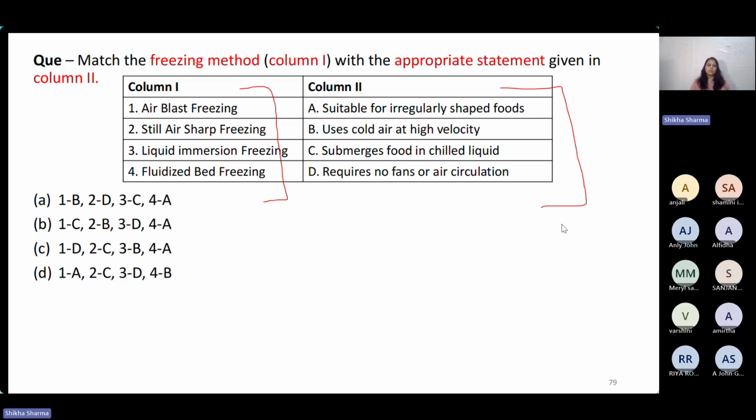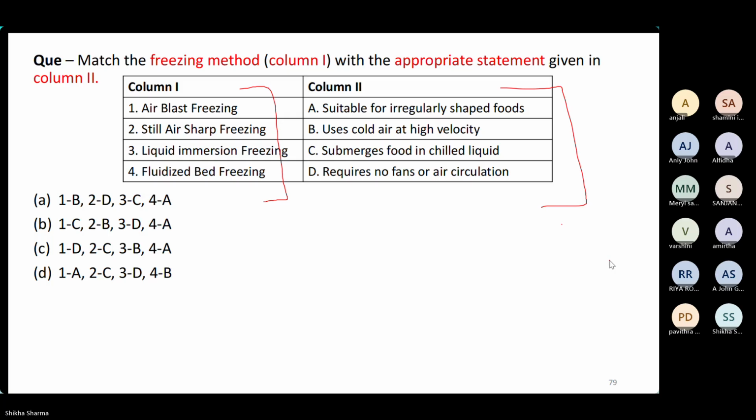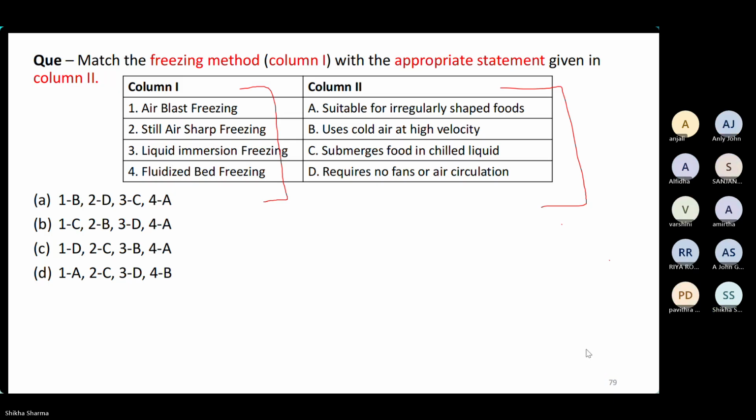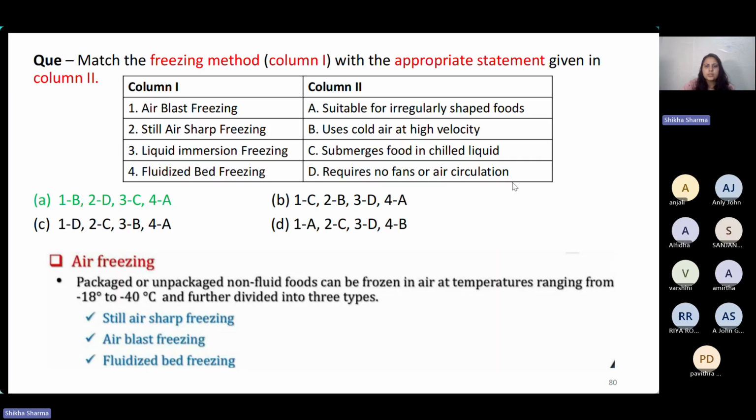Anyone who would like to answer this question? So A is the correct answer here.